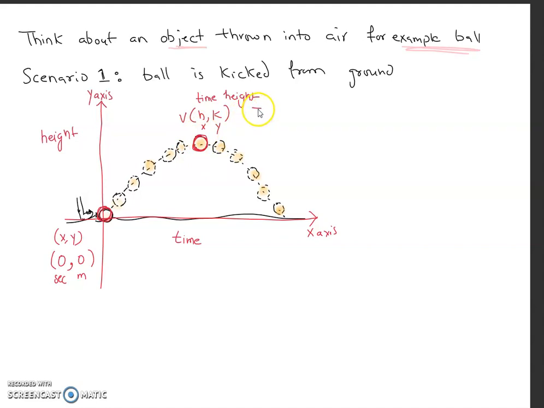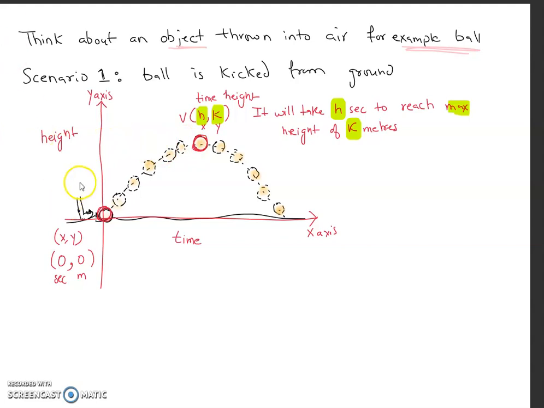It represents that it takes h seconds to reach a maximum height of k, let's say in meters. So h is the time it takes to reach the maximum height. These h and k are very special because they represent the maximum point. If I want to know how long it took, I look at h, and if I want to know how high it gets, I look at k.